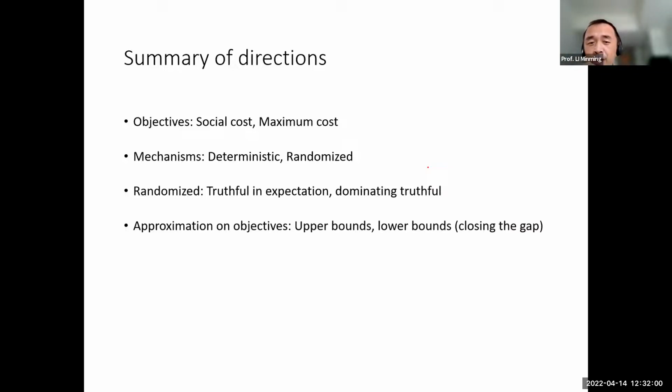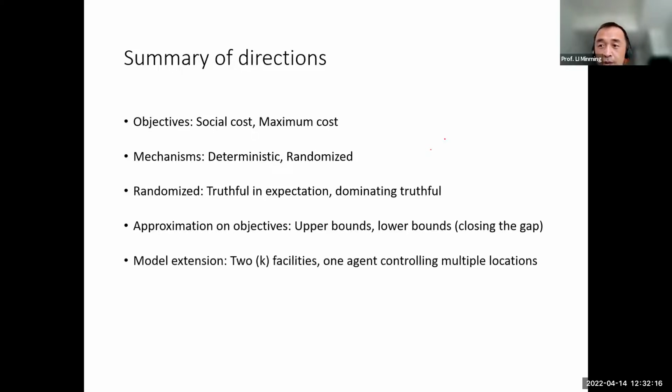Then for approximation on objectives, you can have upper bounds, showing how good your mechanism is, and also lower bounds: nobody can do better than a certain ratio. Then they have some extensions, from one facility to two facilities, or maybe multiple, and also to the case of one agent controlling multiple locations, where one person has many locations.